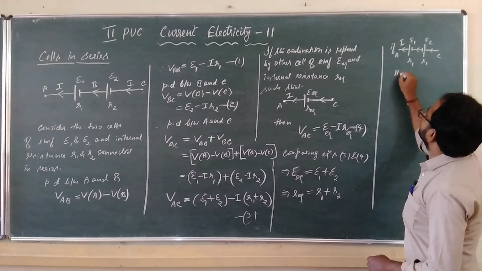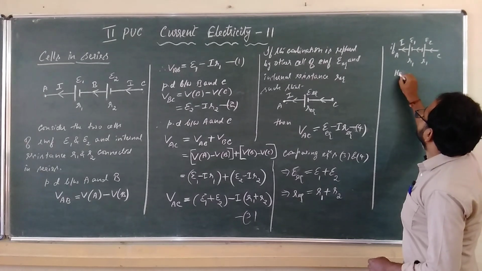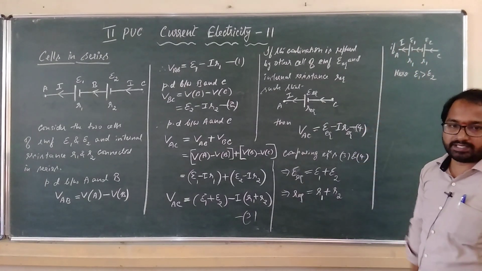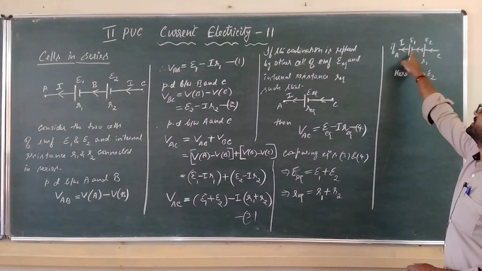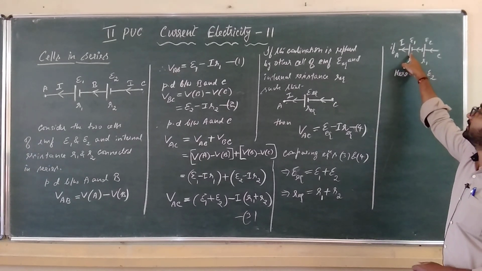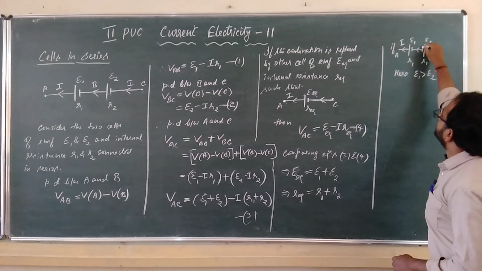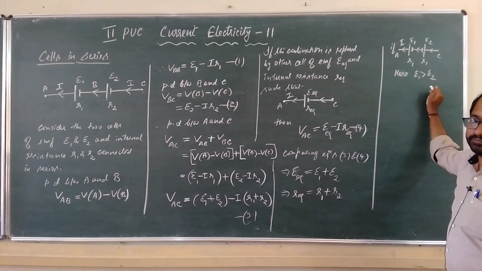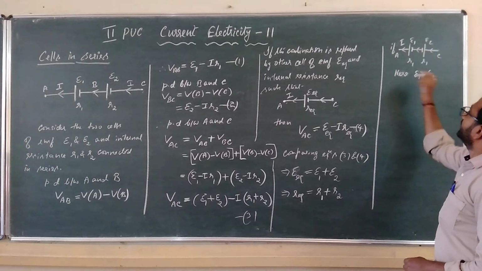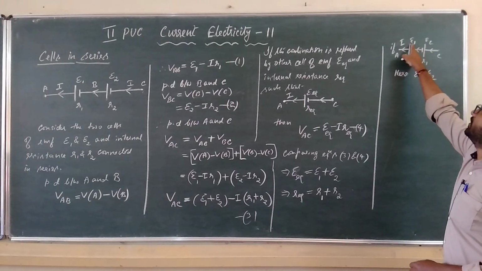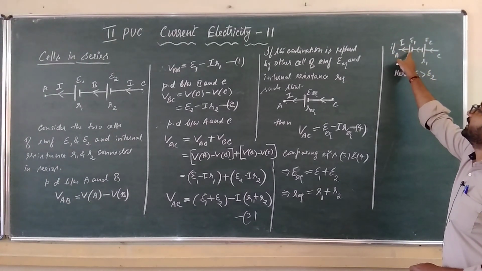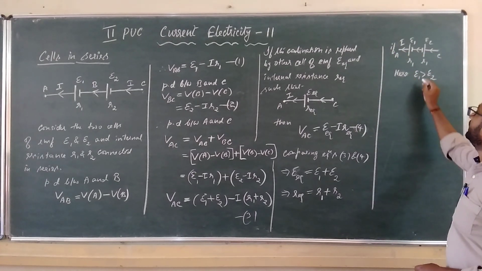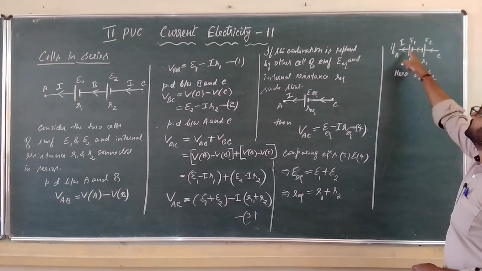Here E1 is greater than E2, the EMF of the first cell is greater than E2, so this cell dominates. So now the potential of this electrode and this electrode is the same. Since this cell dominates, the direction of current flow is like this. E1 is greater than E2, then this is the case.